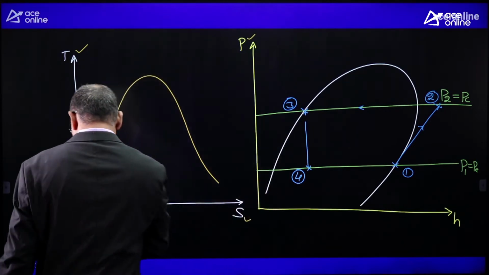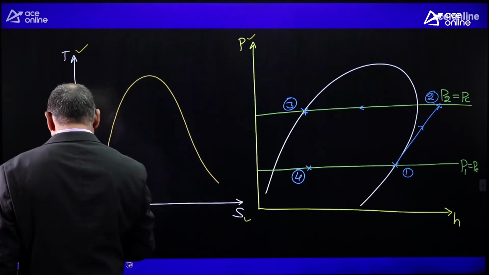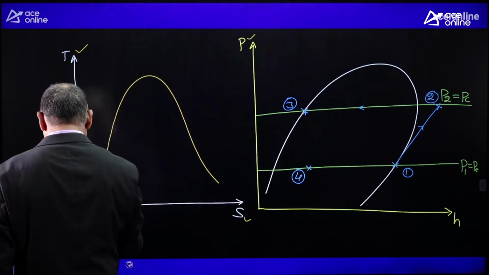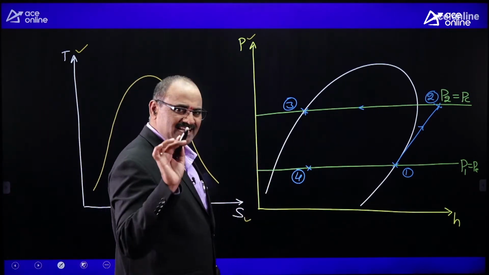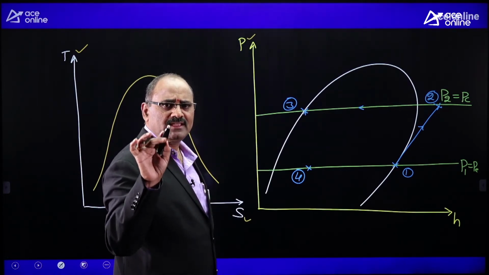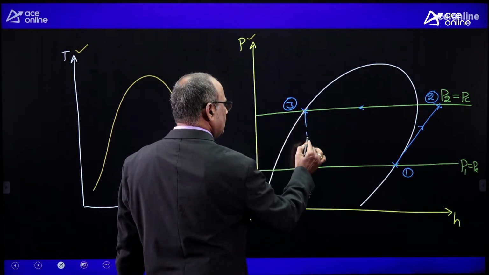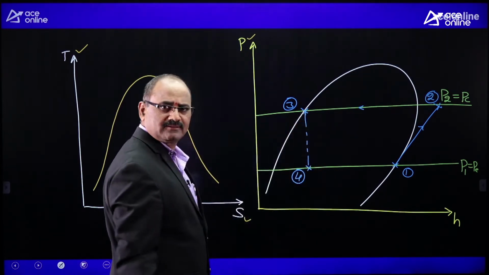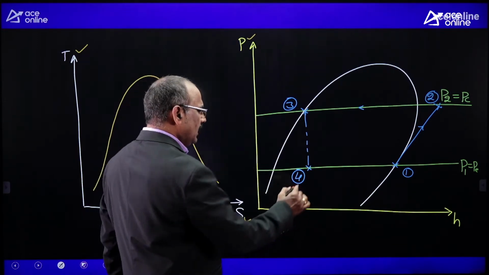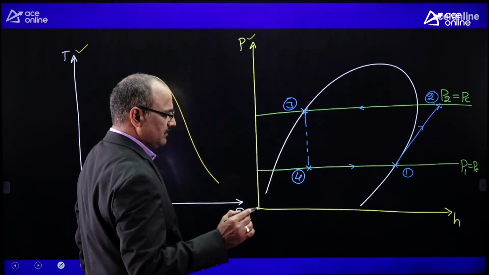Since the 3-4 throttling process is irreversible process, thermodynamic sense for irreversible process is it should be marked with a broken line. It is like this. It should be drawn as a broken line. Okay? And 4-1 process is the evaporation process.